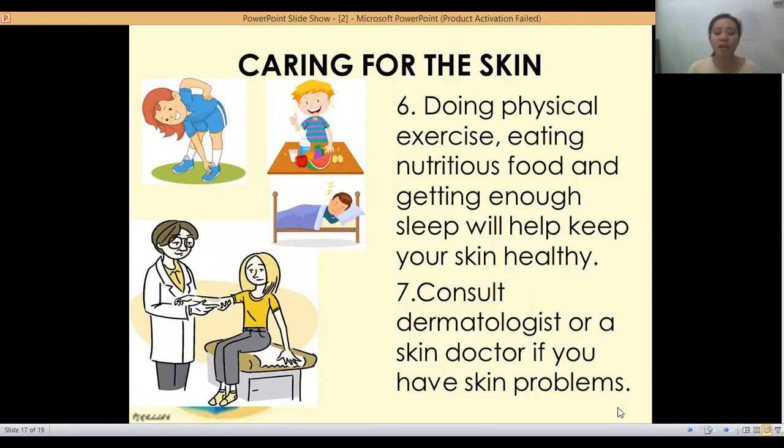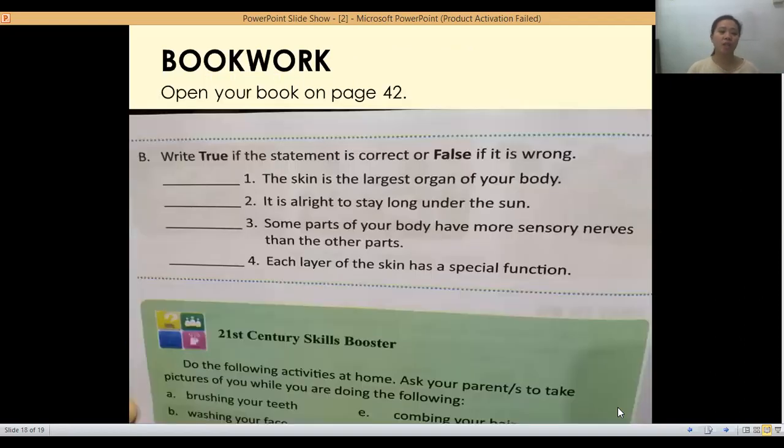Okay, so now get your book. Open it on page 42. You will answer true or false. I will count 10, 9, 8, 7, 6, 5, 4, 3, 2, and 1.